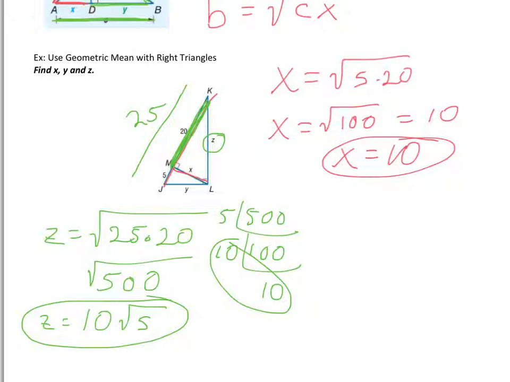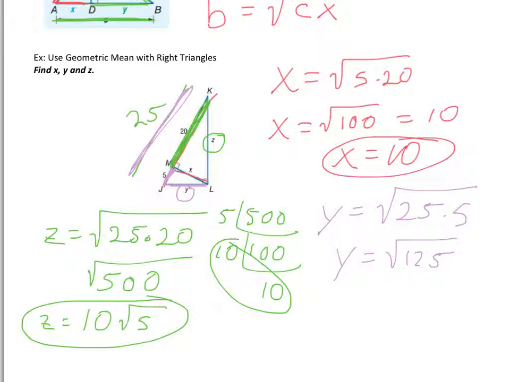The last one is Y. This segment here. Notice it's a leg of the large triangle. So it's going to be the geometric mean between the hypotenuse, which is 25, times the 5. So Y equals the square root of 125.